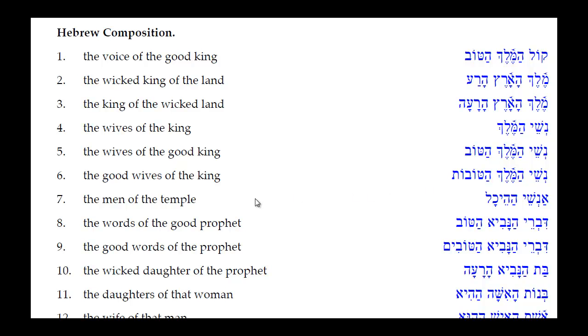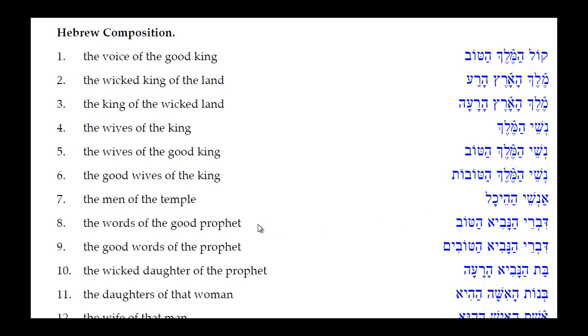Number 7, the men of the temple. Men is the construct noun. Temple is the absolute noun, and it has a definite article, so we would put in Anshe, because we know Anshe is the masculine plural construct form of Anashim, and we would put Anshe Hahechal, the men of the temple.